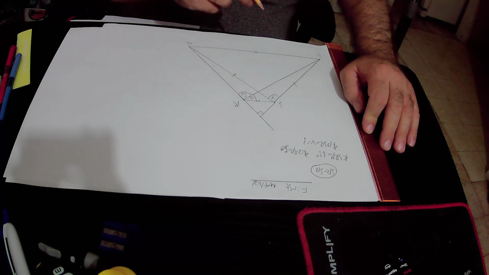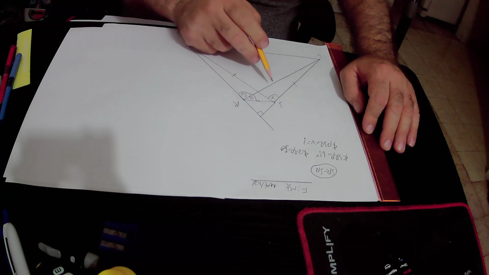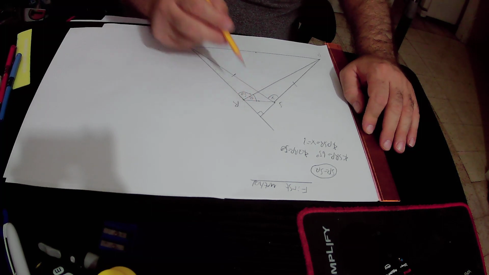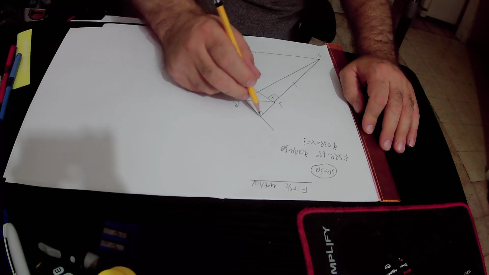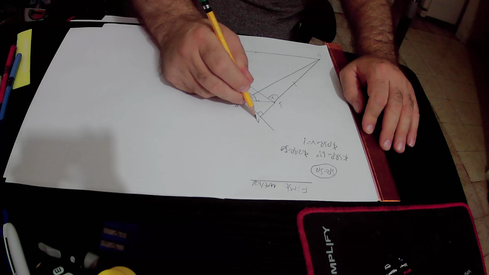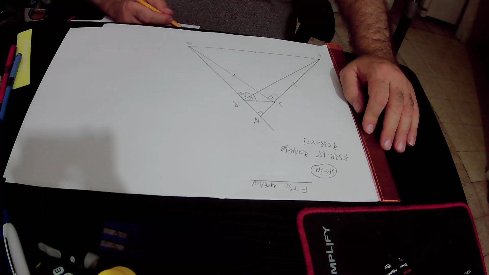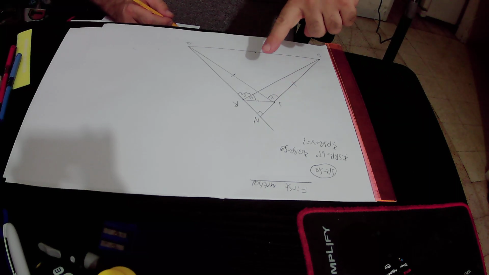We will define the touching point between the perpendicular from point S to the extended QR side as point N, and then we will draw a perpendicular from point S to side PR.